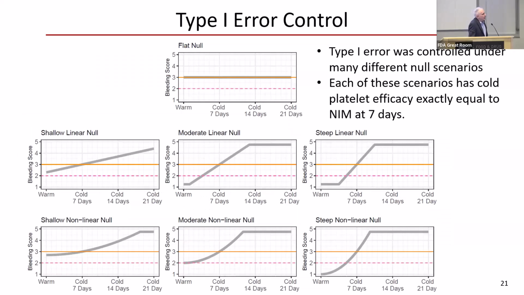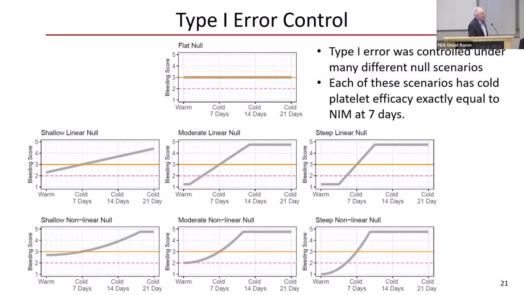So in order to evaluate type 1 error control, one has to come up with a variety of scenarios regarding the possible true relationship against which one wants to evaluate the performance of the trial. So here you see 7 different assumed relationships. The horizontal dashed line is the assumed hemostatic efficacy of warm platelets.